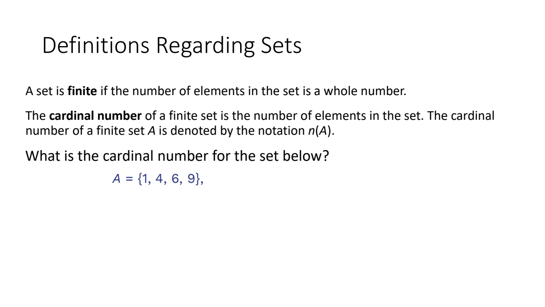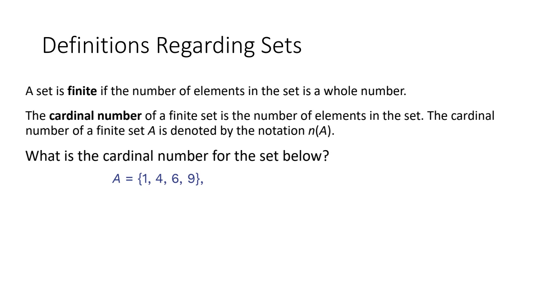The cardinal number of a finite set is the number of elements in the set, like saying how many it has. We represent it by the letter n and then parentheses. The cardinal number of a finite set is denoted with the notation n(A).